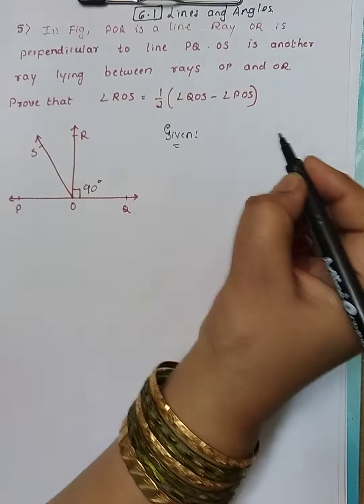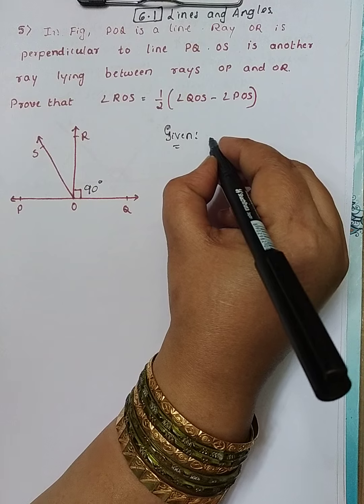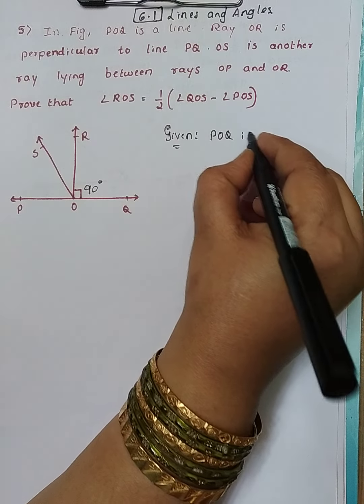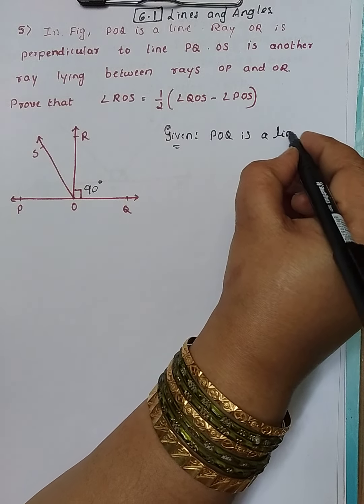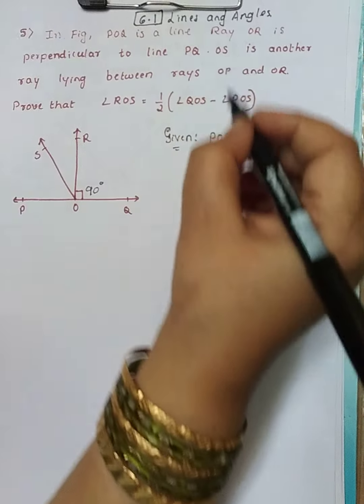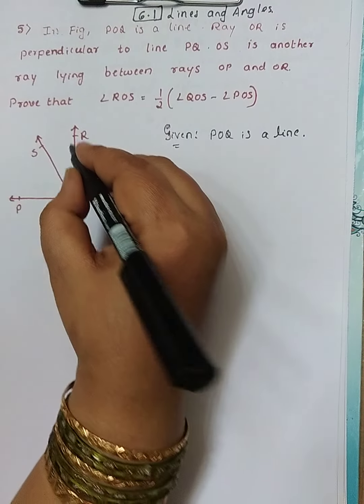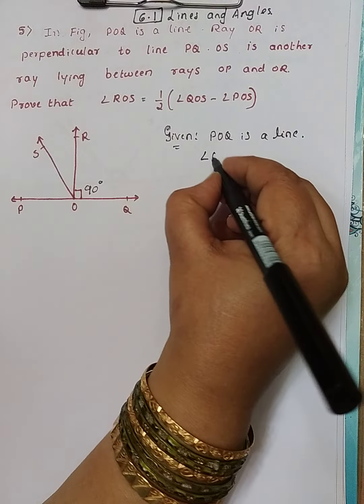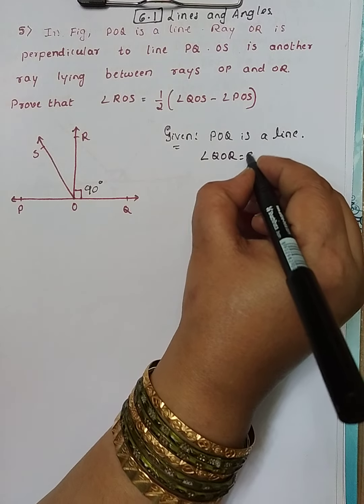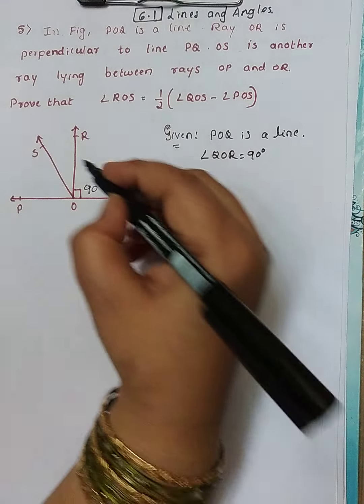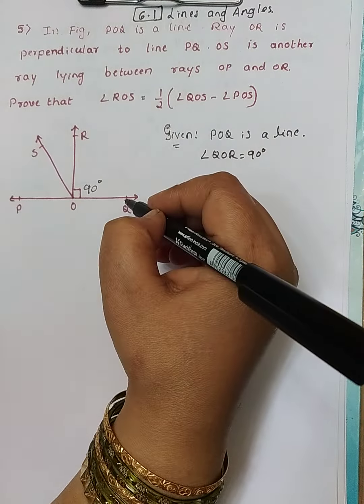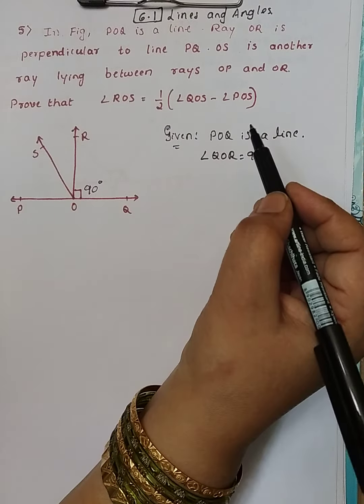First, POQ is a line. Second, angle QOR equals 90 degrees because OR is perpendicular to PQ, that is given here.